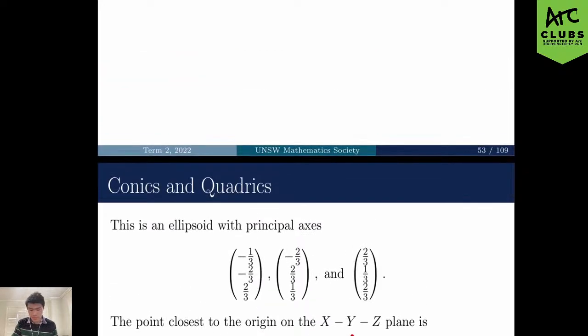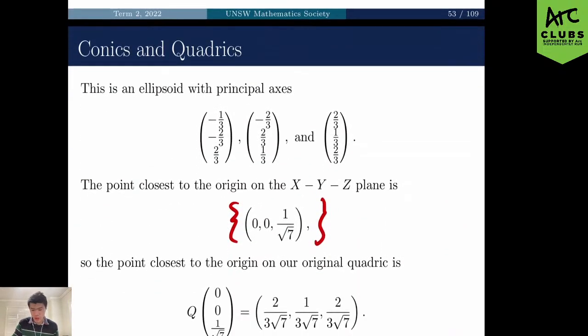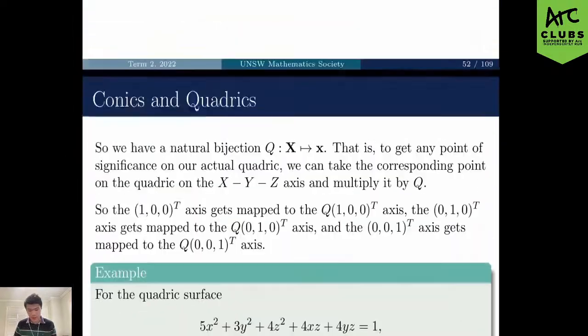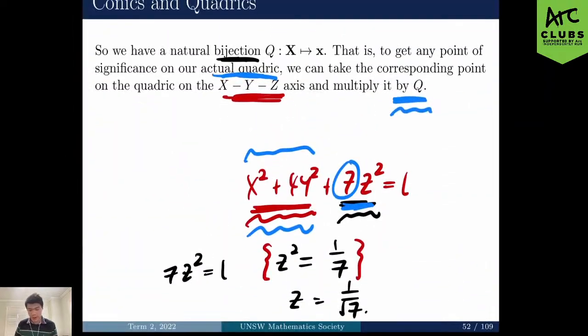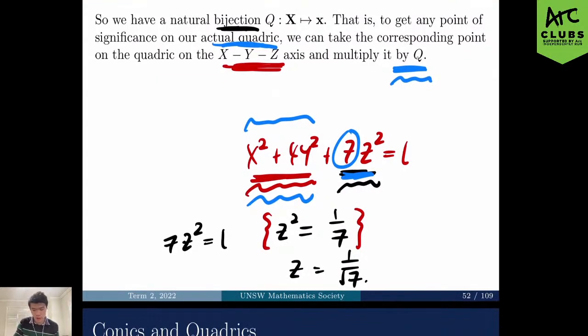So again, q maps from big X to little x. So take this point and multiply it by q. And you end up getting this. Okay, so we don't have to do furthest from the origin, but you can sense it's going to be the same kind of problem, right? So instead of taking the point with the max coefficient, you take the point with the minimum coefficient and set the rest to 0.